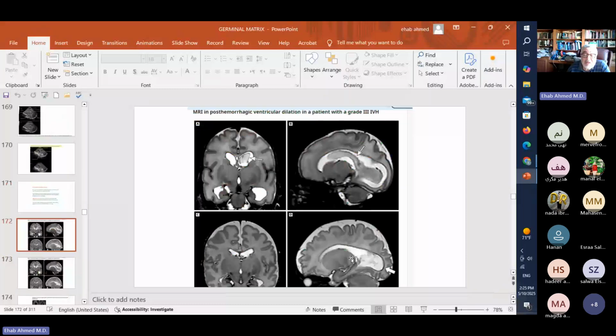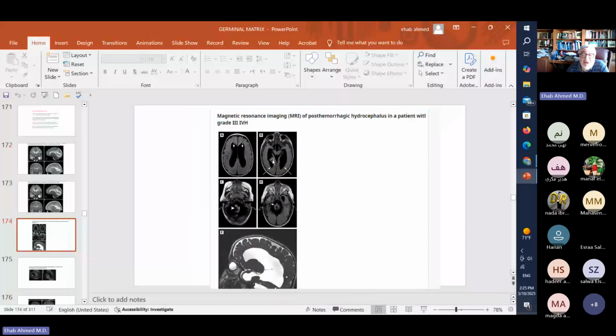And these are examples of the MRI, which shows you the post-hemorrhagic ventricular dilatation. And this is grade 3. Also, this is grade 3, but there is hydrocephalus now.